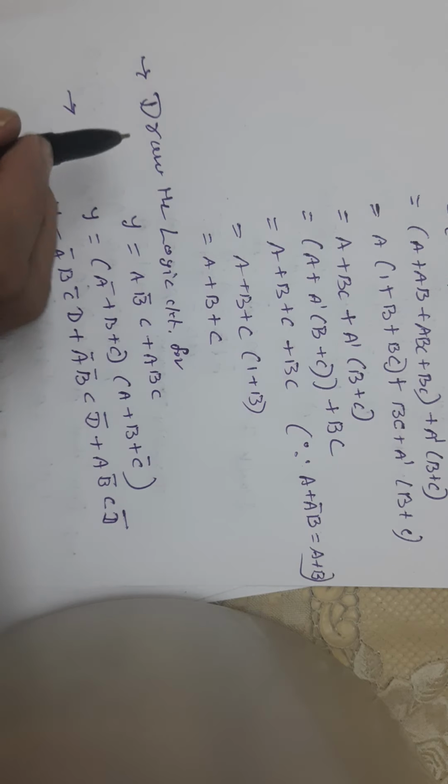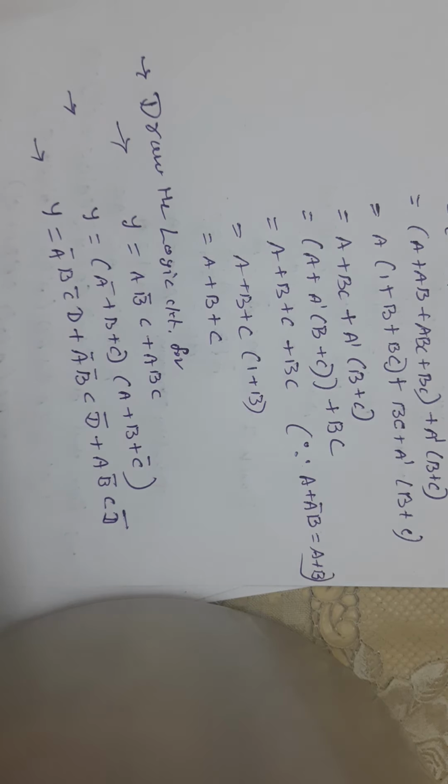These are the three examples for your homework. Now we are discussing the number systems, chapter number 5.